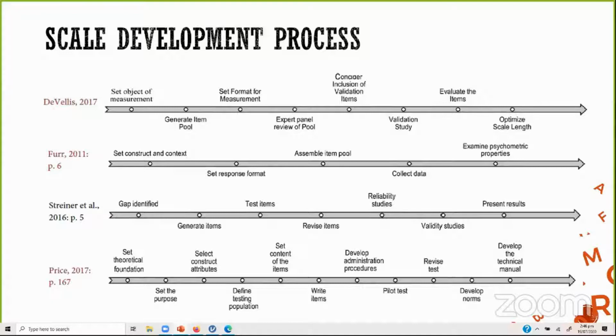Now, there might be a certain amount of confusion regarding this. How do you generate the pool of items? There are different ways to do it. The first and foremost is to go into the existing literature and see what scales are available on this particular concept.